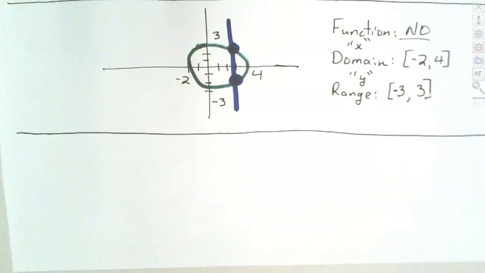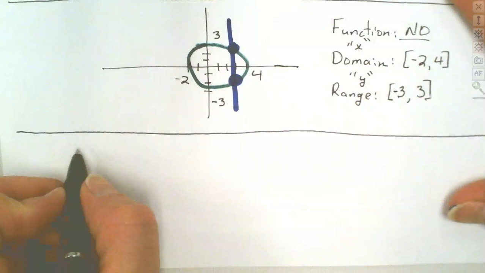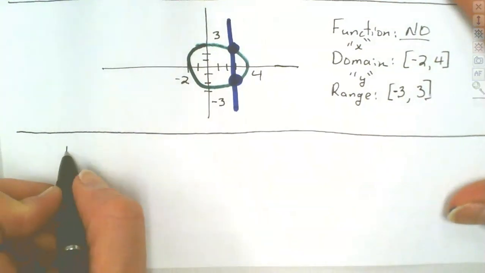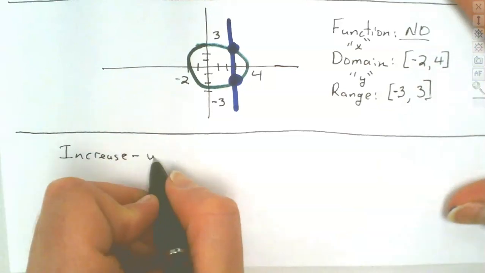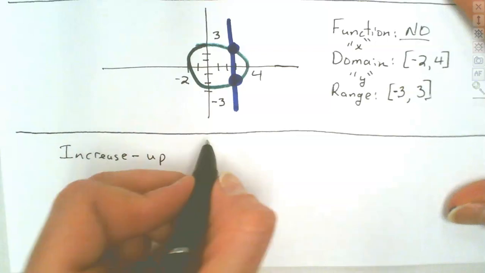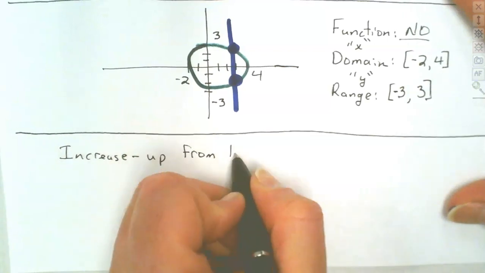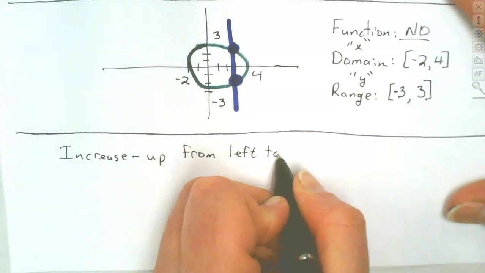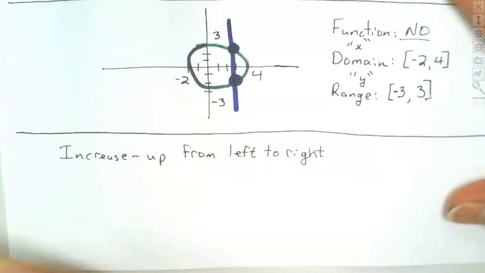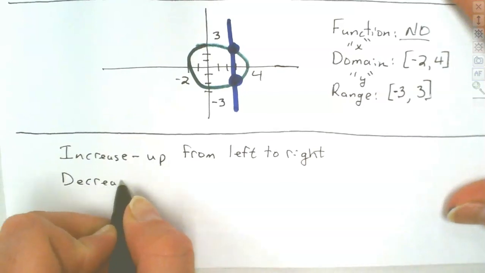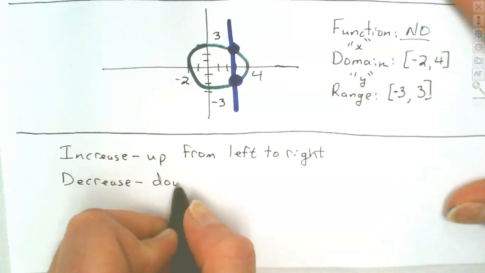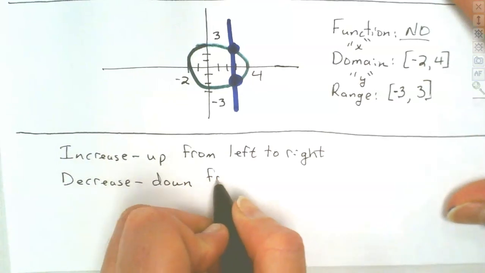Now let's talk about increasing, decreasing, and constant functions. So when we talk about increasing, that means it goes up from left to right. The decrease part goes down from left to right.